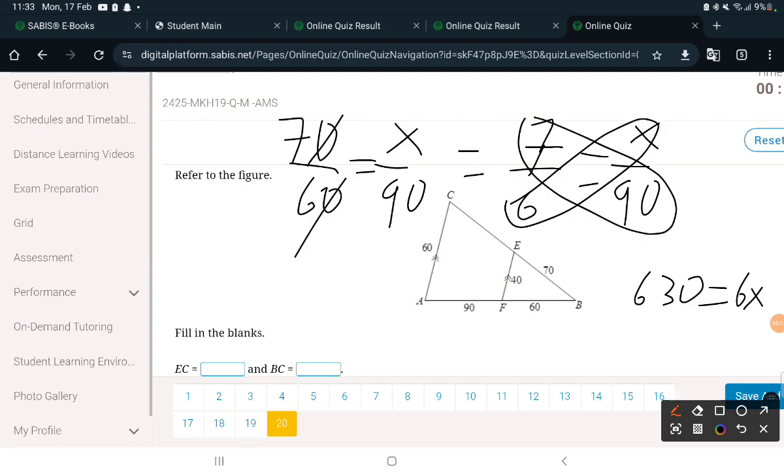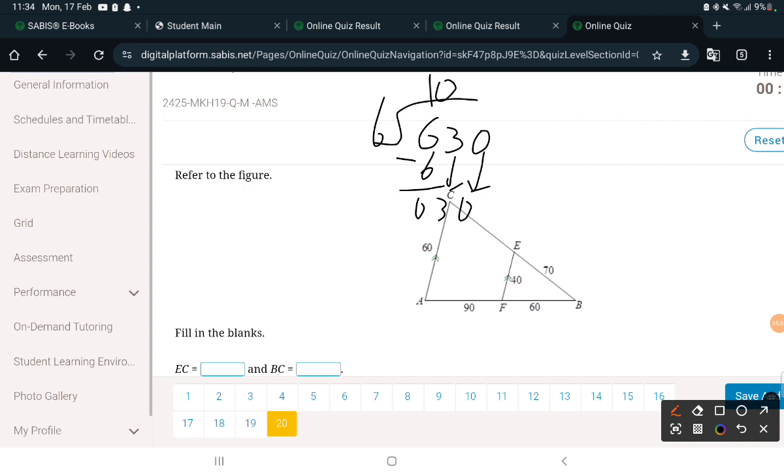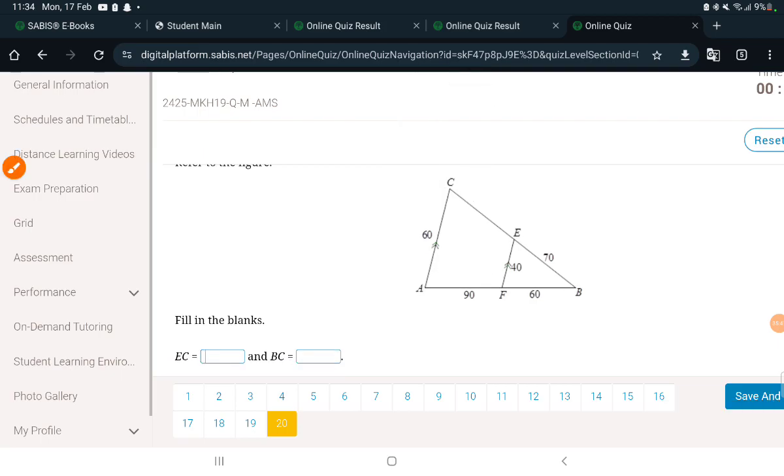So we do 630 divided by 6. One over here. Drop down 3. You can't divide, so you add a 0, and then 30. 30 divided by 6 is 5. So your answer will be 105. For EC, I mean EC is 105.